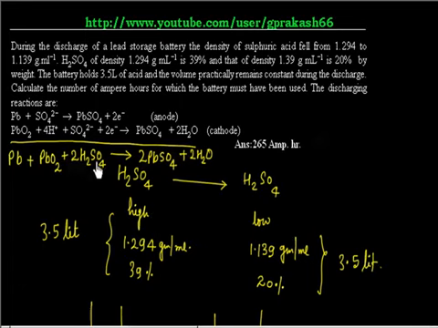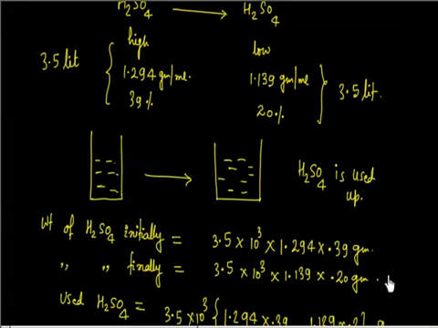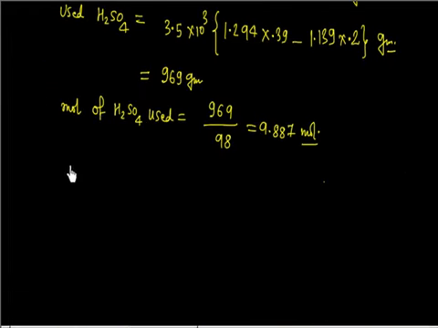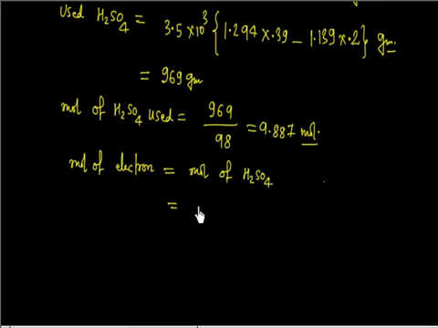Now if I know the mole of H2SO4, I can calculate the mole of electrons. If you have 2 mole H2SO4, the current involved is 2 mole of electrons. So per mole of H2SO4 there is one mole of electron. So the mole of electron used in this reaction is the same as the mole of H2SO4, and now I know the mole of H2SO4 is 9.887.